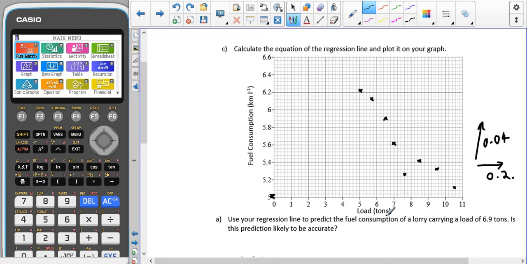So hopefully when you've plotted your data it looks something like this. I'll just talk through some of the points. So 5.7, which is going to be here. Going up, we wanted 6.12. Remember each little square going up is worth 0.04. So that'd be 6.04, 6.08, 6.12.